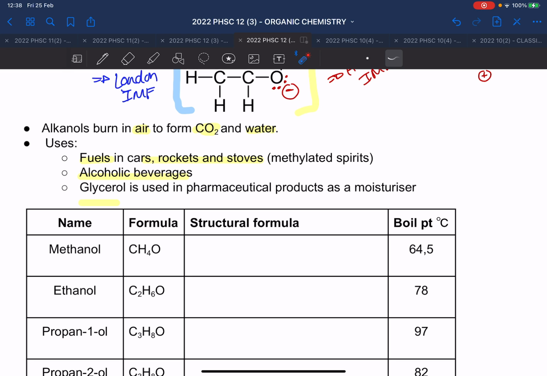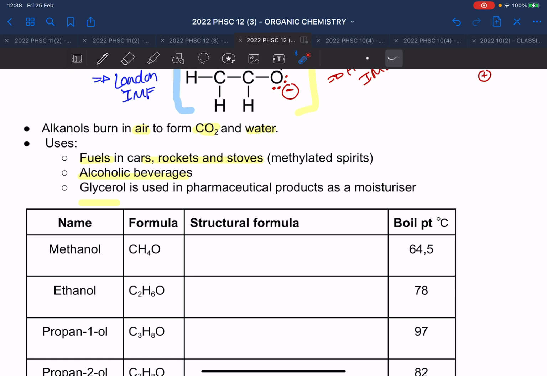Okay, ingredients: petroleum, and then here's benzyl alcohol, eugenol. So there's lots of oils in it. All tells you glycerol, it is an alcohol.